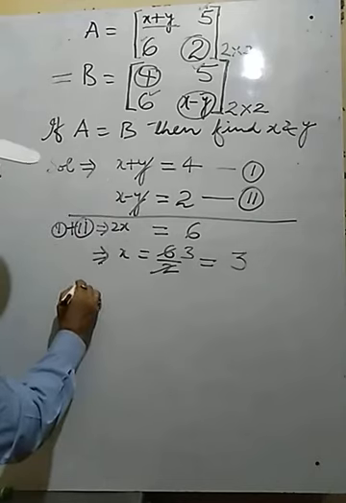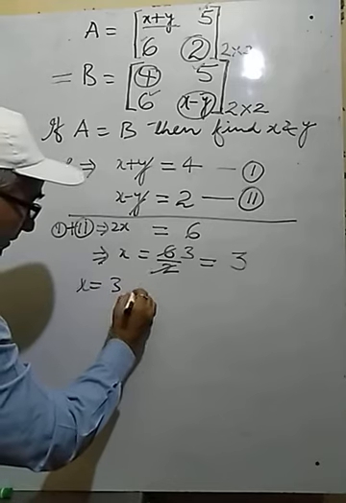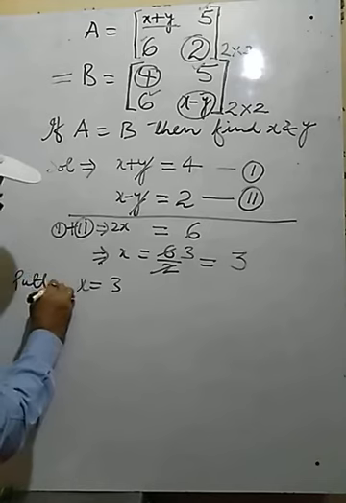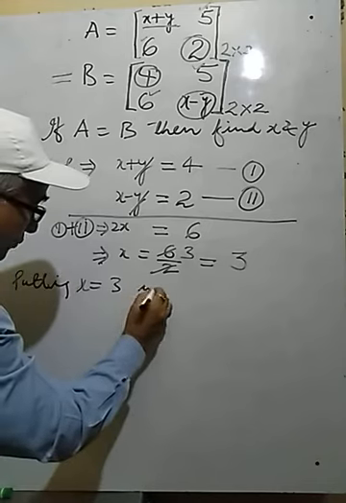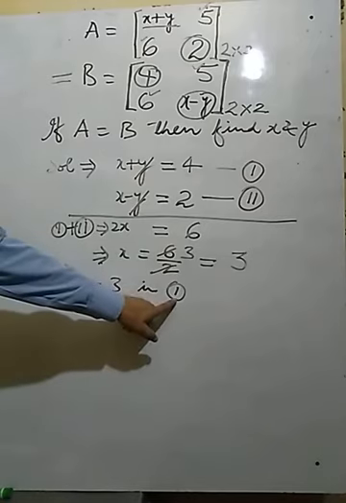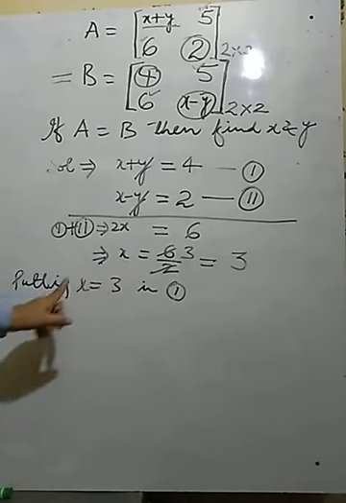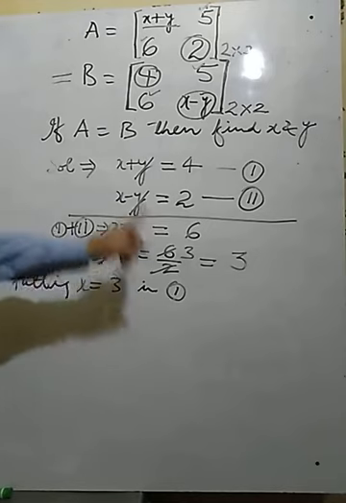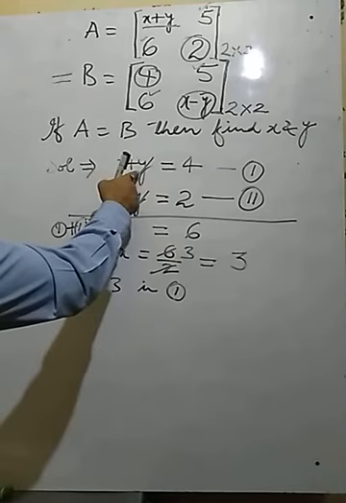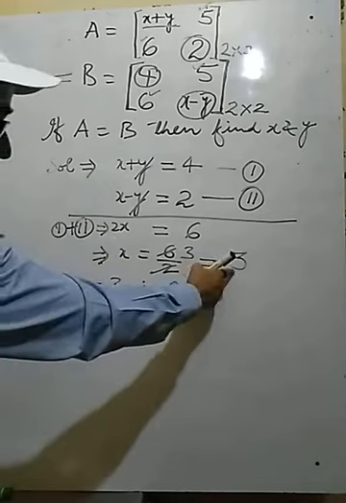Now, x equals 3, putting it in equation number 1. An equation is always written inside the circle. So if you keep the value of x equals 3 in equation 1, what is obtained? It is noted down x plus y is equal to 4. What is the value of x? 3.